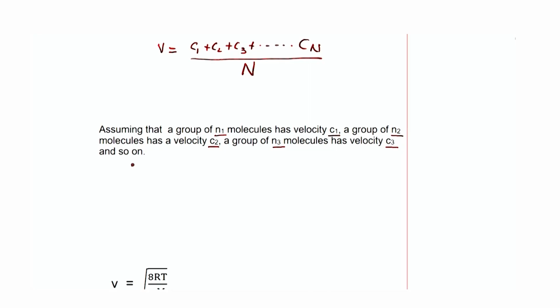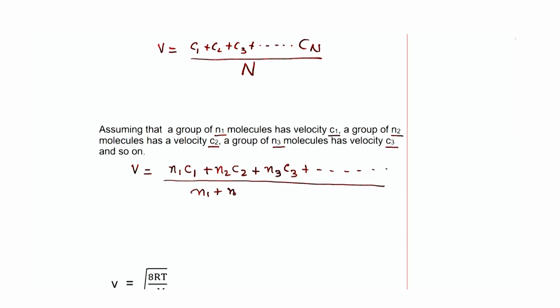Now, if this is the case, the average velocity will be N1 molecules with velocity C1 plus N2 molecules with the velocity C2 plus N3 molecules with the velocity C3 plus so on, whole divided by N1 plus N2 plus N3 and so on.